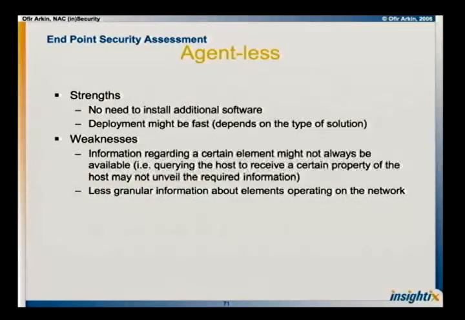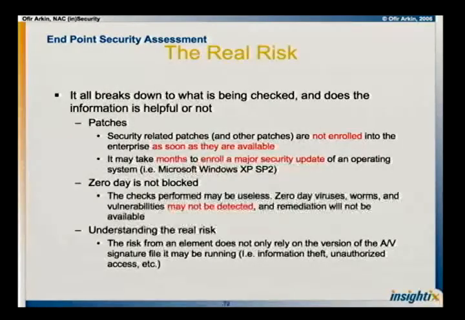Another point that I would like to make is about the risks that are out there. There is, of course, risk mitigation when we say these elements have the type of software that we would like to have on the network, and we surely lower the risk to our network. But at the end of the day, the risks that we would also like to combat, and that network admission control or network access control may or may not help us with, are, first of all, defending against 0 days.